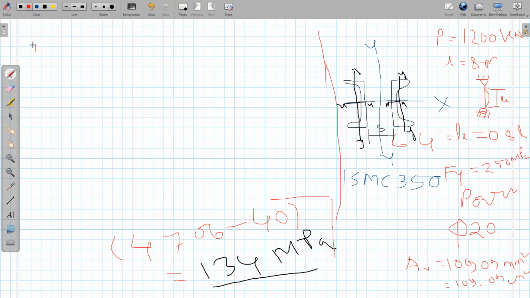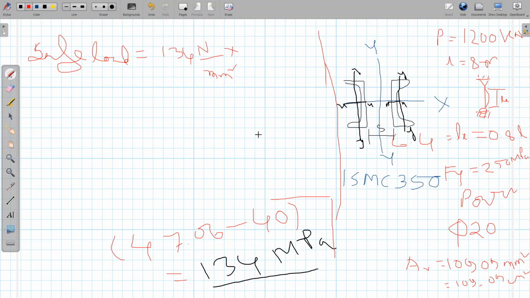or safe load, let us say I am writing it as safe load. Safe load is equal to sigma SE, 134 Newton per millimeter square, multiplied by the gross area of the section. What was the gross area of the section?